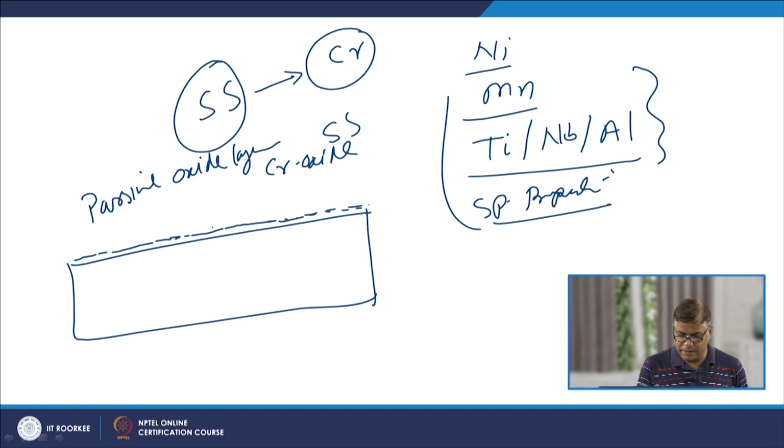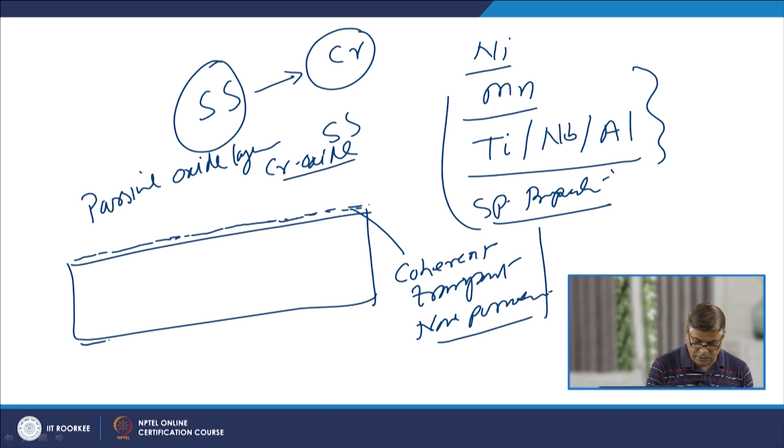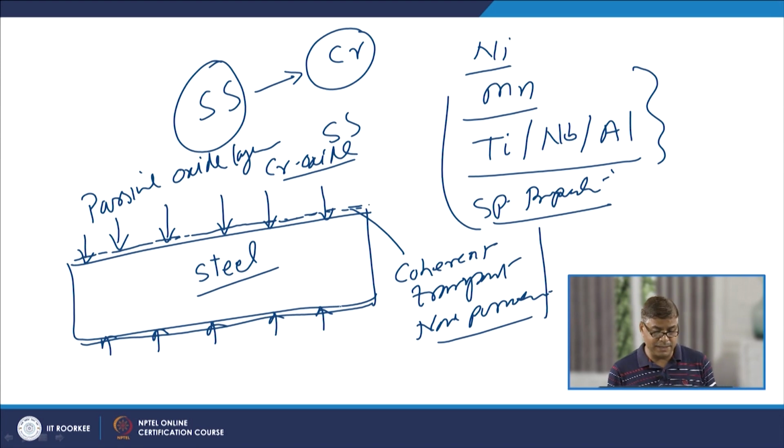This layer is very coherent, transparent, and non-porous. Due to these properties, this oxide layer does not allow access of the surroundings to the surface of the steel, and that is why further oxidation or further effect of the surroundings on the steel is reduced or eliminated.